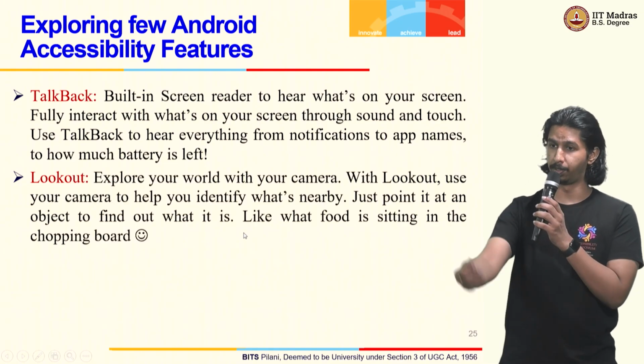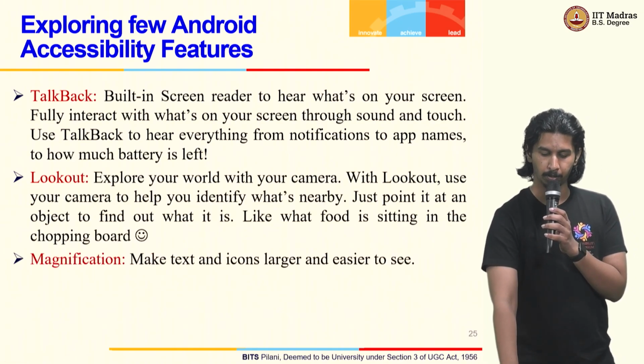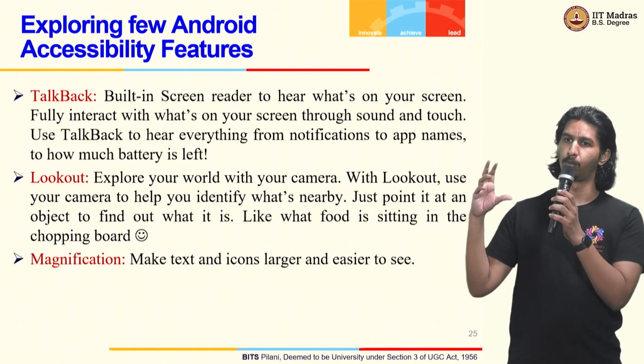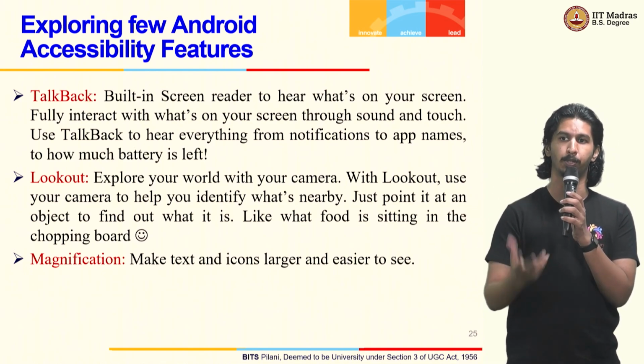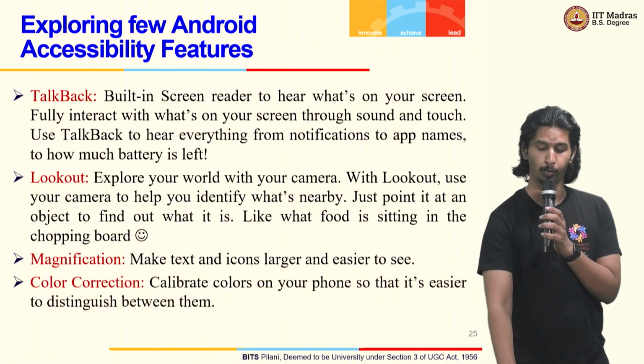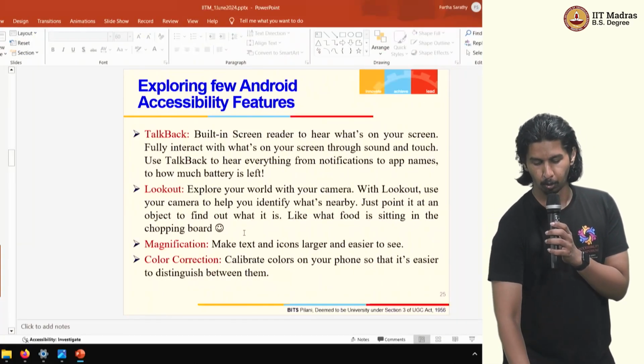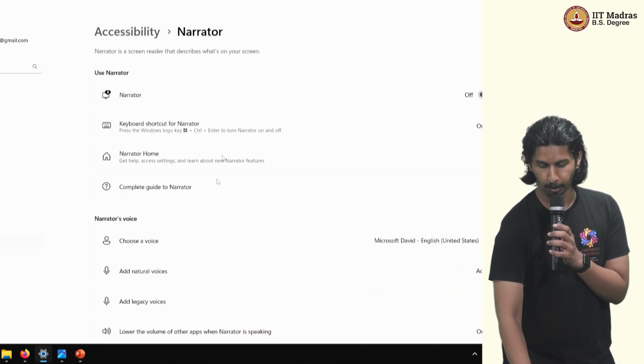So talkback we just did with your friend, Lookout. This is what I tried just now. There's also magnification, which can enable your page to say 400% and 300% zoom, and users will be able to go ahead and read their screen for low vision users. Color correction, again, it's a feature where you can go ahead and change a lot of color priorities, right?